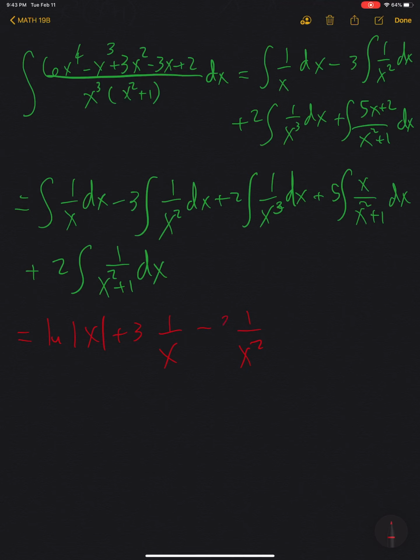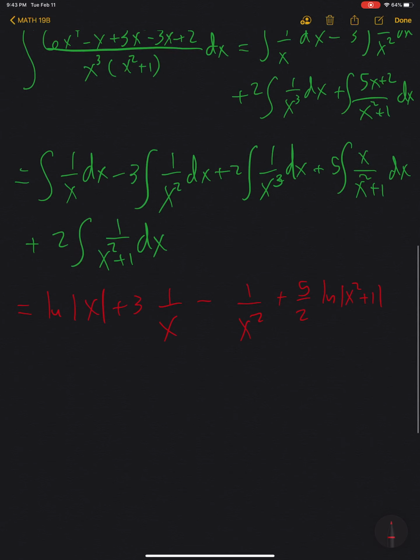So actually this should be a 2 over 2 because of power rule. And the next one, this is a u substitution. So this becomes 5 over 2. And then we have the natural log of x squared plus 1. And then the last one is an arctangent. So this becomes 2 times the arctangent of x, everything plus c.